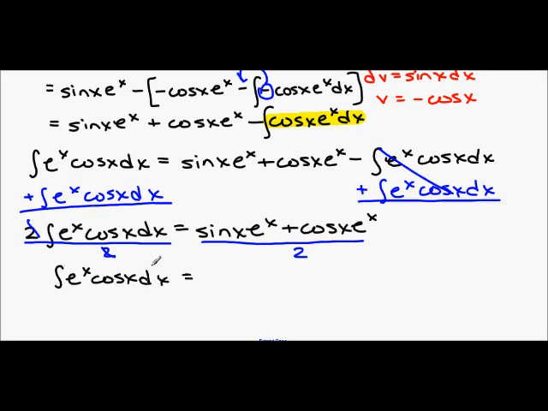So now I have the integral by itself, which is what I wanted in the first place. And on the other side of this equation, I have a value for the integral without an integral.